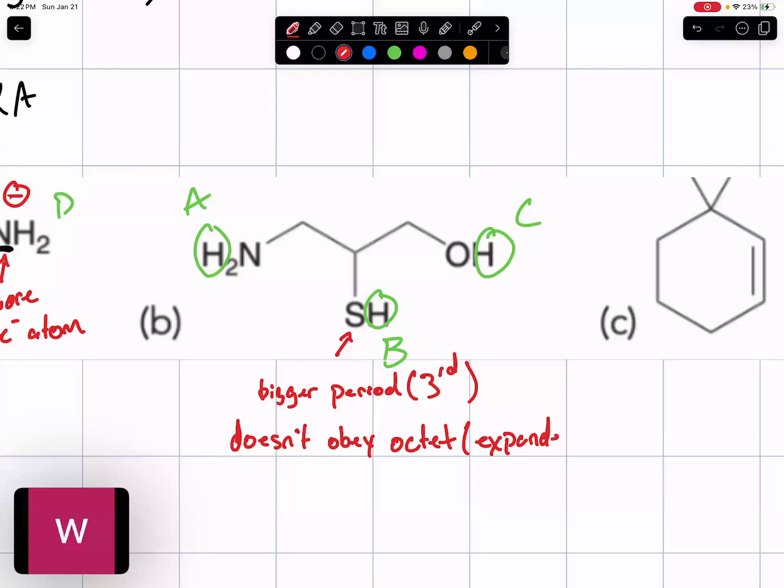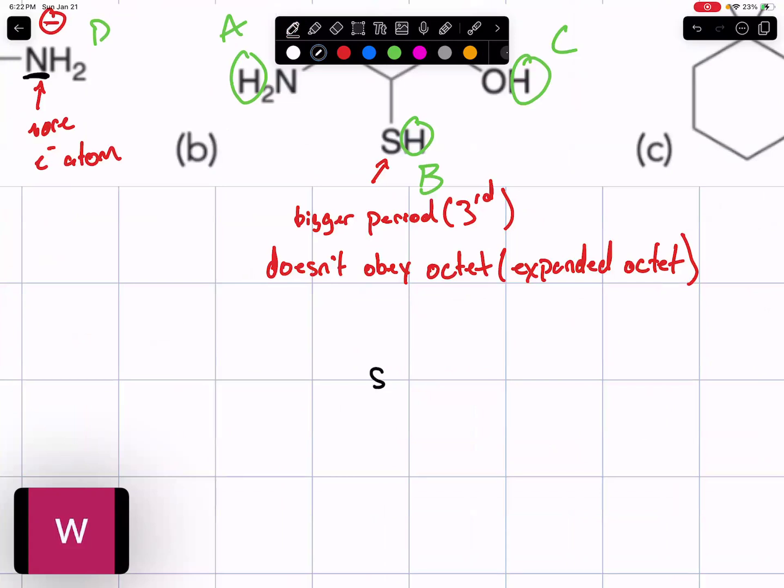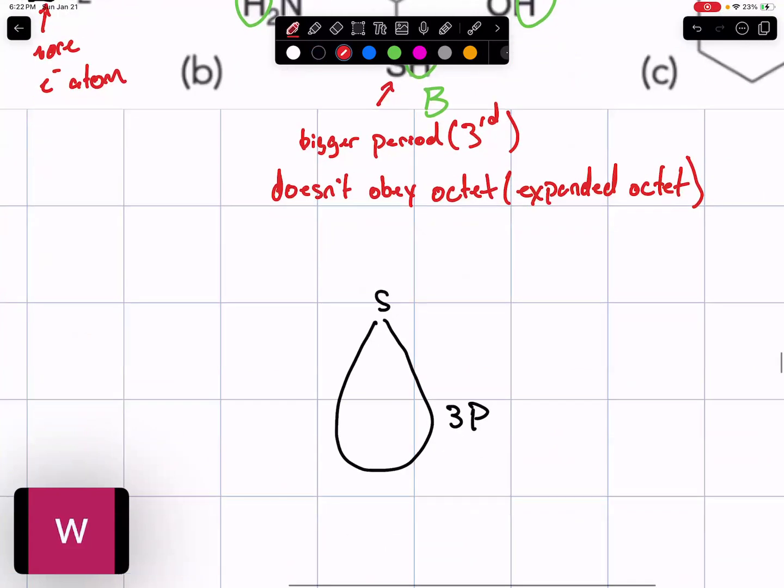It's one of the exceptions. And because it has an expanded octet, it essentially has a larger shell. If you look at S, its p orbital is much bigger. Its 3p orbital is much bigger. Since it's much bigger, it's much more able to hold that negative charge.